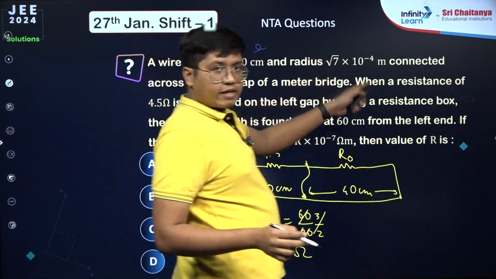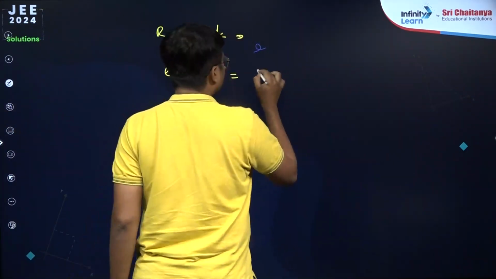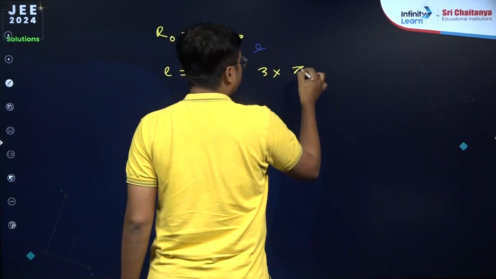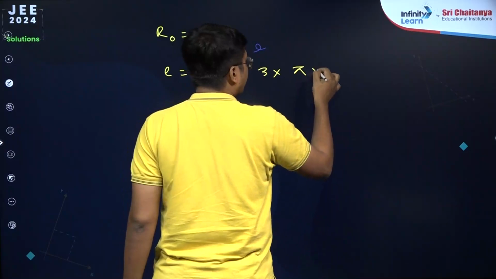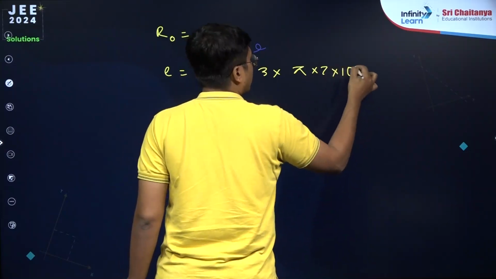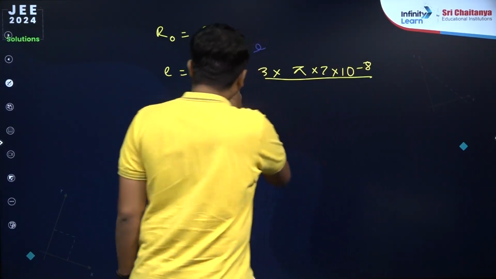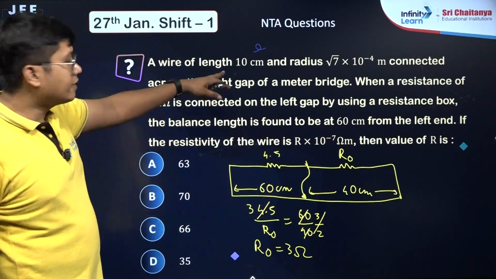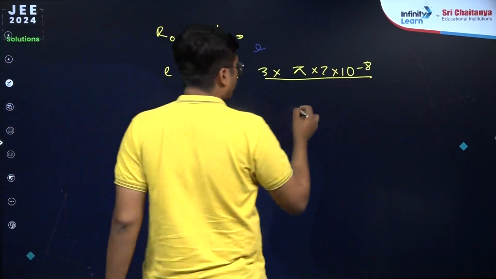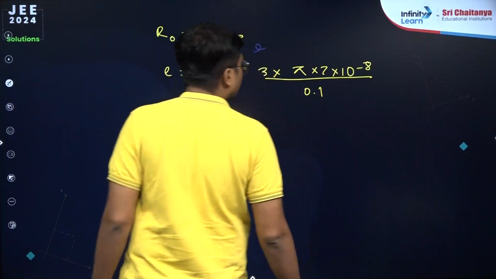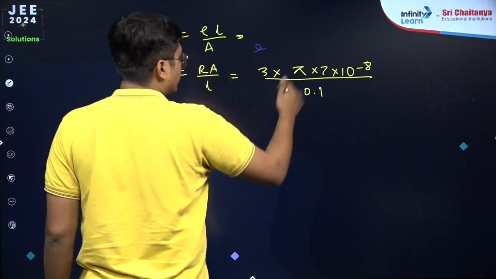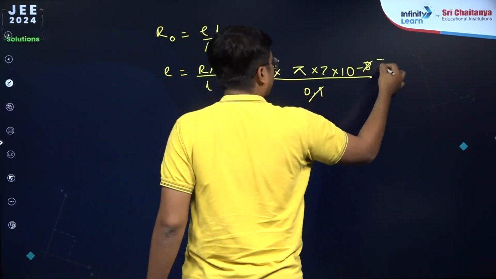A's radius is given as root 7. So R is 3 into area, which would be pi R square. R square is 7 into 10 to the power minus 8, divided by the length. The length is given as 10 centimeter, which is 0.1. So we have that over here. You send that up, then this goes 10 to the power minus 7.